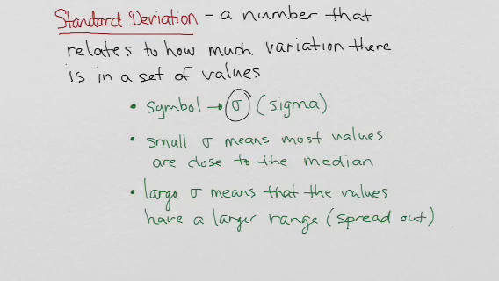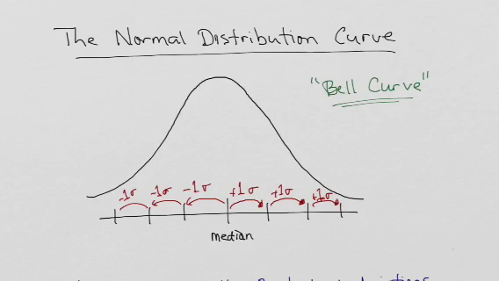Now, standard deviation tells us a little bit more than just the range does. And the way it's going to work is it's going to play a part in what's called the normal distribution curve, sometimes referred to as a bell curve. Now, normal means that all the information is kind of equally spread out, with the largest clump of information being right here in the middle at the median.